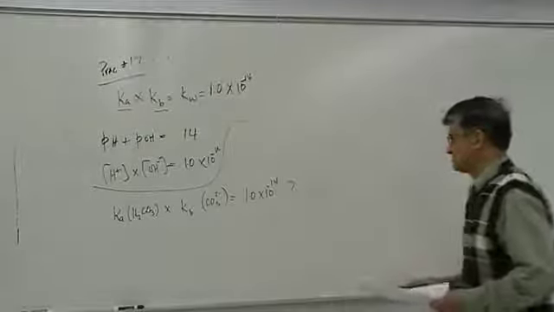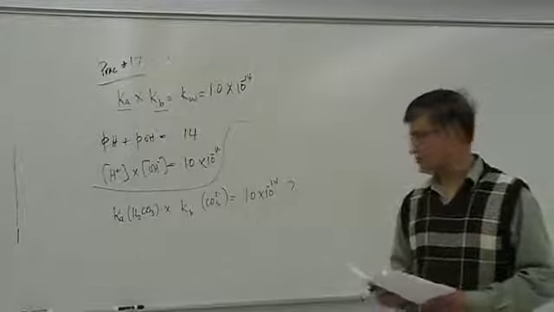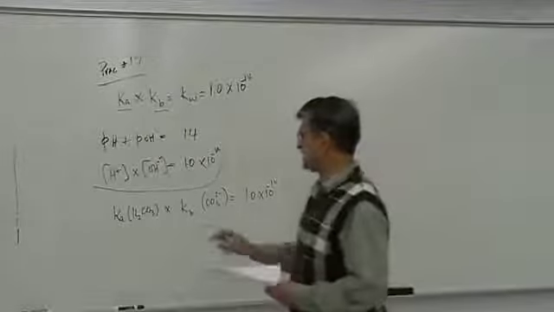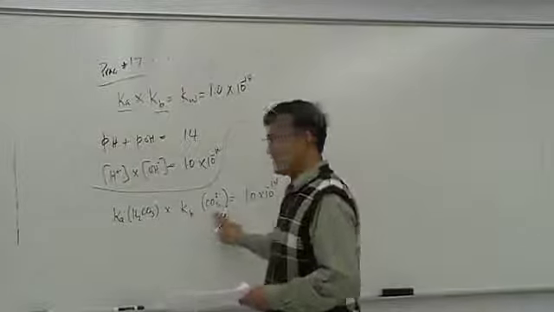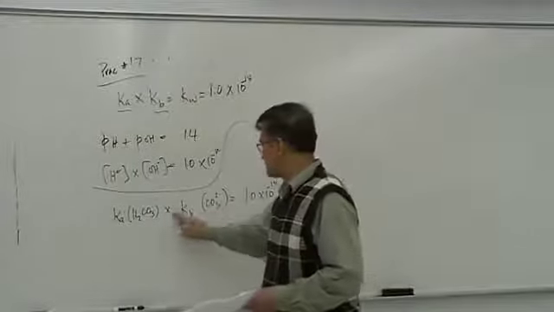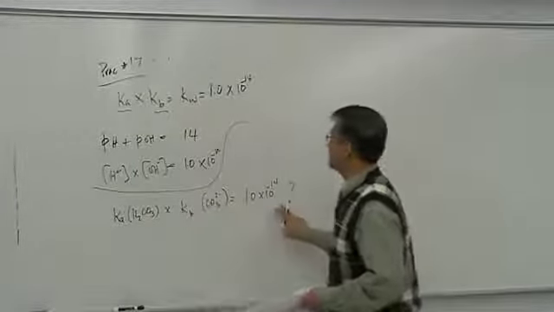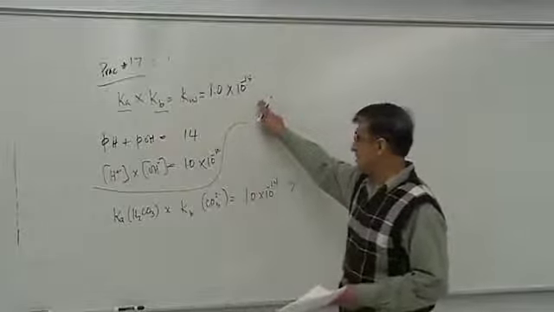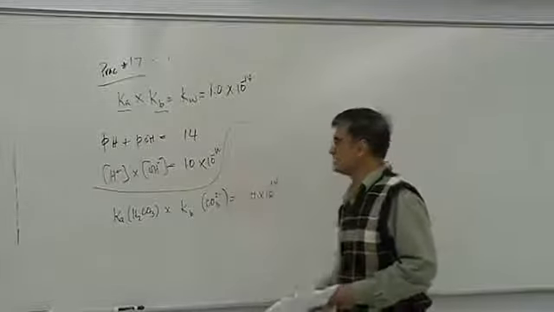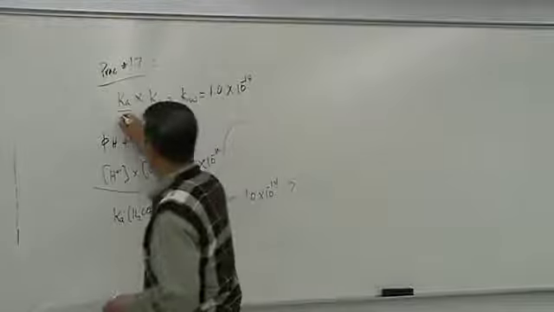Is this right? The answer is no. Even though you can get a Ka value for H2CO3 and a Kb for this, the product is not going to give you the 10 to the negative 14 that I wrote on the top. So what is missing here is that this should be a conjugate acid-base pair.